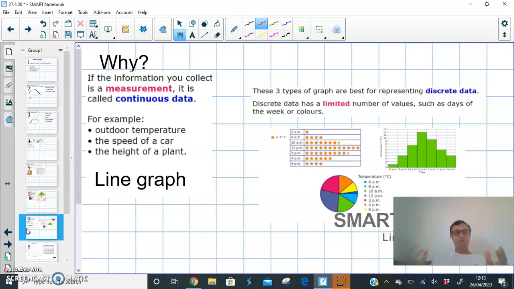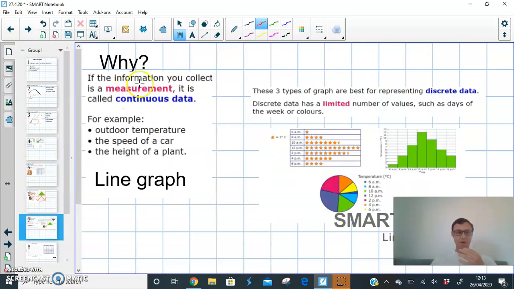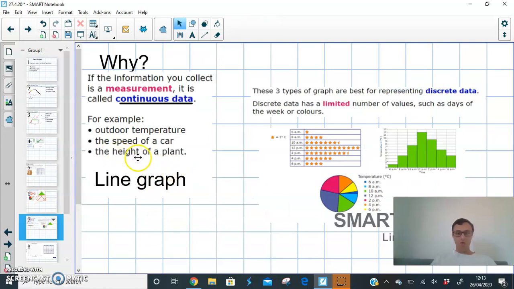Well, if the information you collect, so here we were collecting information about temperature, okay, if the information you collect is a measurement, well, we have measured the temperature, we've used a thermometer, okay, it's called continuous data. So for example, outdoor temperature, the speed of a car. So if we go back to this one, it was continuous data because we were measuring in kilometers per hour, okay, also the height of a plant as well.